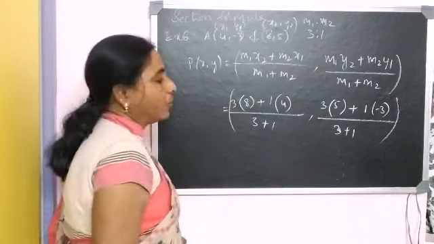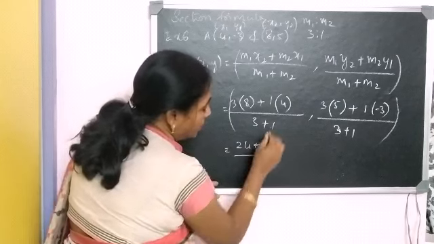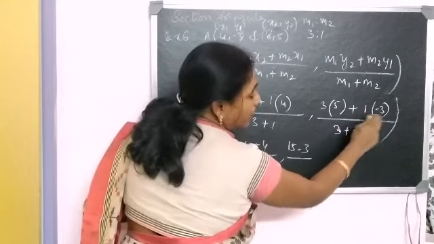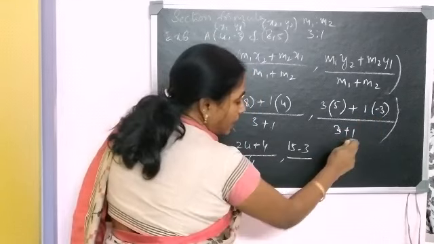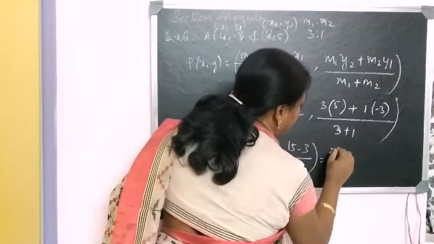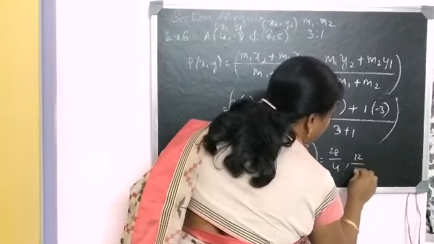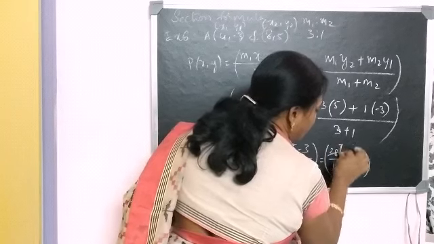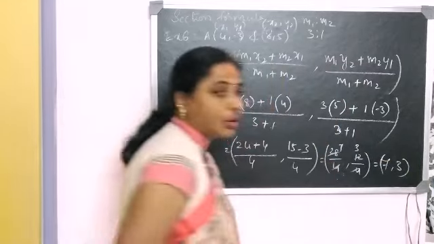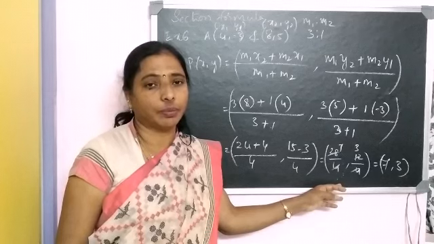Now let us solve it. 3 8s are 24 plus 4 1s are 4. Comma, 3 5s are 15, minus 3, because plus into minus is minus. So 24 plus 4 is 28, 28 by 4, comma 15 minus 3 is 12, 12 by 4. Now cancel: 4 7s are 28, 4 3s are 12. Therefore the coordinates are 7, 3. The answer here is 7, 3.